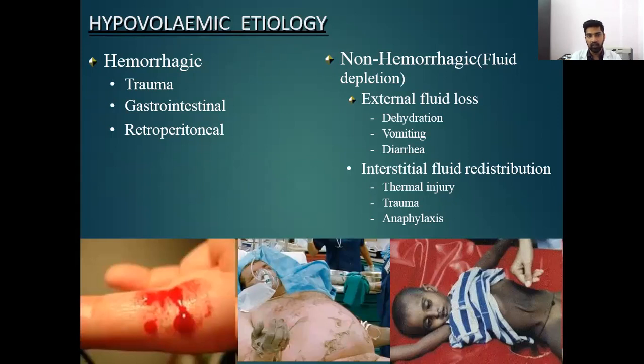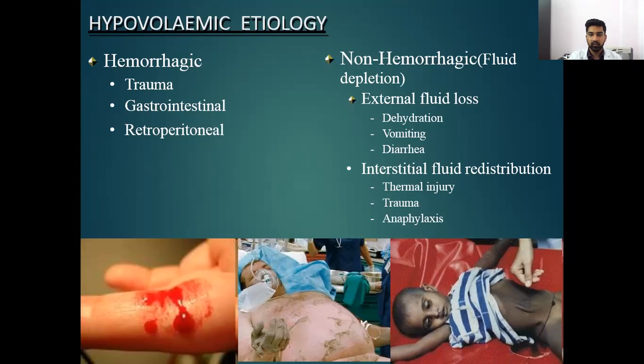Gastrointestinal bleed, retroperitoneal bleed. Non-hemorrhagic: fluid depletion in conditions such as severe dehydration, vomiting, diarrhea, especially in children, intestinal fluid redistribution, thermal injury, burns inside a closed room, trauma, anaphylaxis. Anaphylaxis can range from various things due to hypersensitivity reactions.